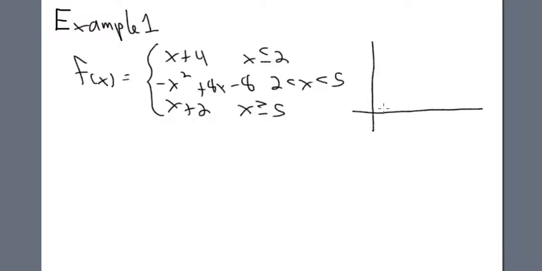Up until 2, it's just a straight line, ending at a closed dot. However, it starts again, and then it goes up to 5 in a downward parabola, and then it shoots up again.